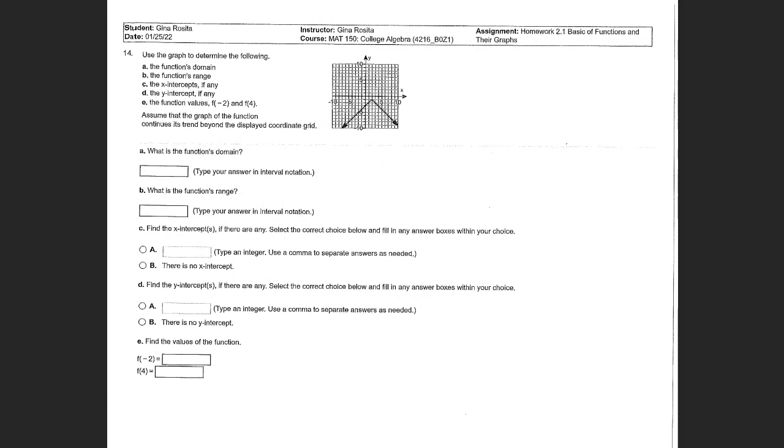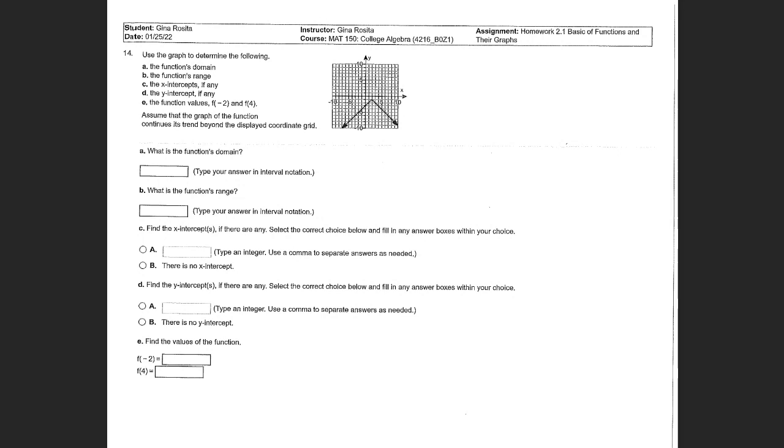Use the graph to determine the following: A, the function's domain; B, the function's range; C, the x-intercepts, if any; D, the y-intercepts, if any; and the function values f of negative 2 and f of 4.